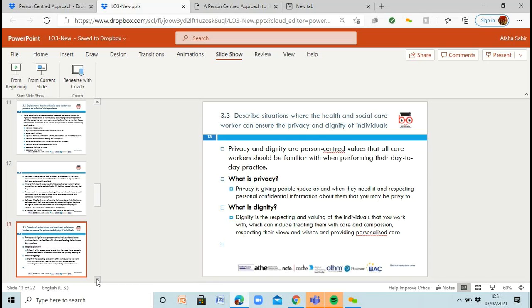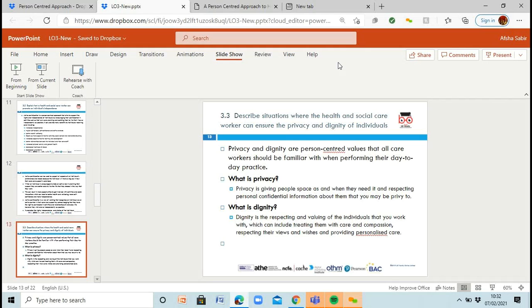So privacy and dignity are very big issues within values within person-centered care, and it's something that all care workers will be familiar with within their day-to-day practice. So what is privacy? Privacy is when you're giving people space and letting them have the time that they need, and you're respecting their personal confidence, their information.